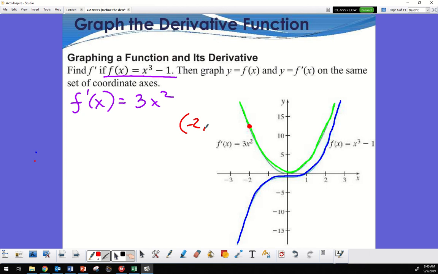Yeah. My slope looks like 10, right? Or 12. 12. Good. Positive 12. So what that means is, right at this point, if I draw my tangent line right there, the slope of my tangent line is going to be what? 12.